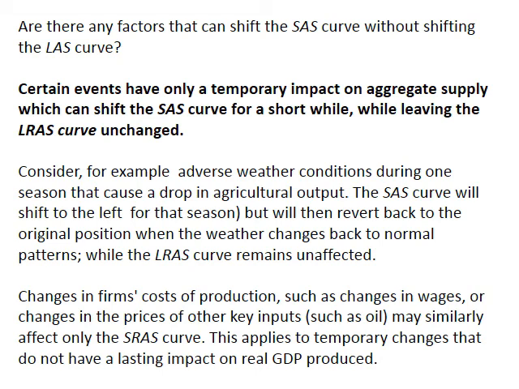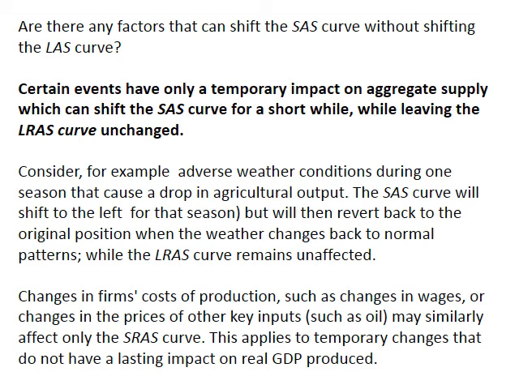Also, we might have something that has a temporary impact on aggregate supply, which would shift SAS for a short while while leaving the LAS curve unchanged. An example could be really bad weather conditions during a growing season, and agricultural output drops. The SAS curve will shift to the left for that season, but then will come back to the original position when the weather returns to normal. But the LAS curve remains unaffected because that's the long run.